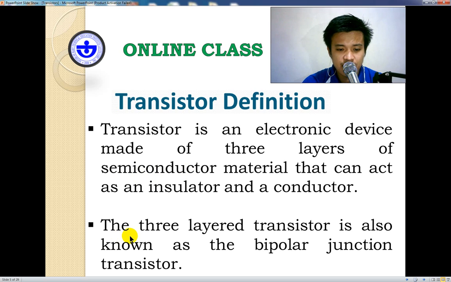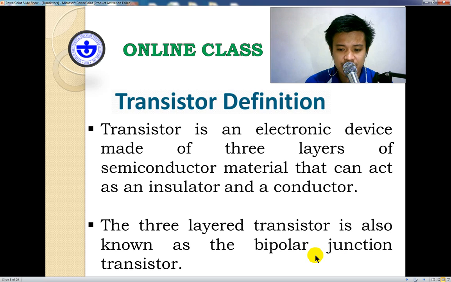Okay. The next definition: the three-layer transistor is known as the bipolar junction transistor. That is the three-layered transistor. It is also known as a bipolar transistor. To be specific, in this video we will focus on the bipolar junction transistor, because if we discuss all the different types of transistors, we would need lots of time.